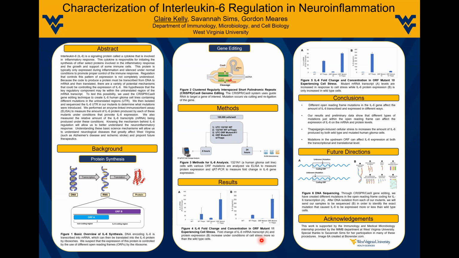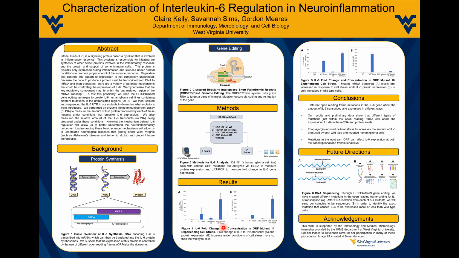So we did this for a few of our mutants. In panel A, we have the fold change of the mRNA levels of IL-6 produced in one of our mutants. Fold change is just comparing the level of one of these groups to a non-treated wild type level.